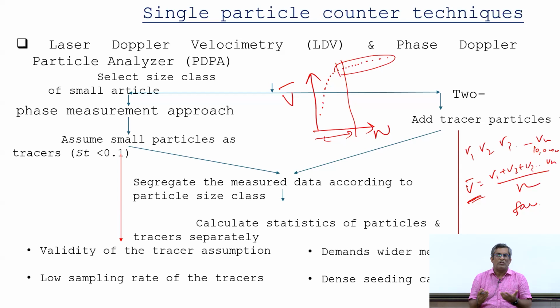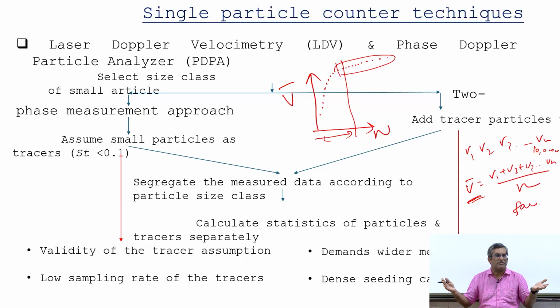This is also a problem when we measure large droplets. Usually the probability or the number of larger particles is low. So if you want to find some statistics for the larger particles, then the number has to be high, which means that you have to run the experiment for a longer duration. However, that itself might be a challenge in some cases, because it is difficult to maintain the same condition for a longer duration.